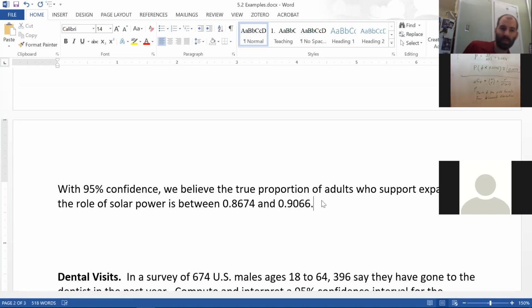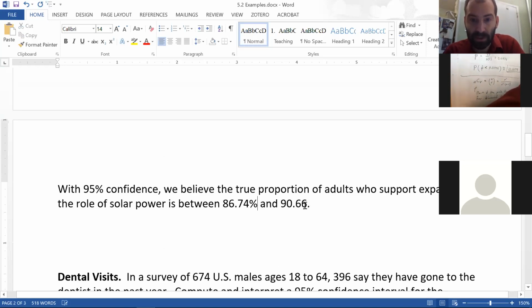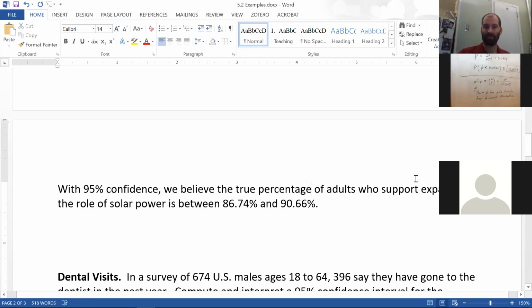Or if you wanted to write it in terms of percentages, you could make these percentages. Just to be a little different, between 86.74% and 90.66%.